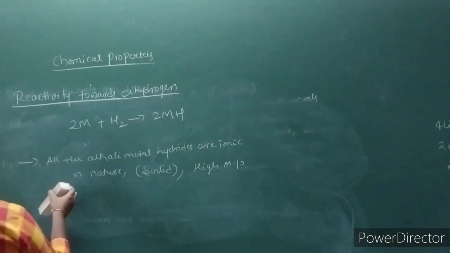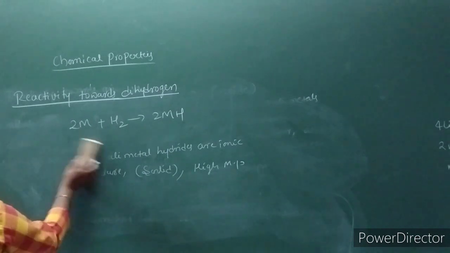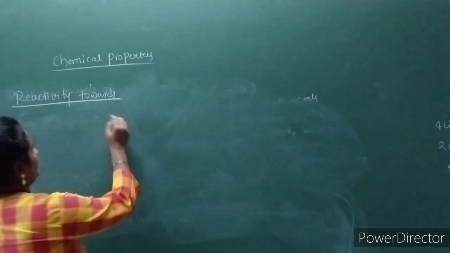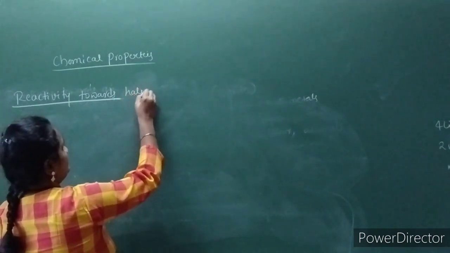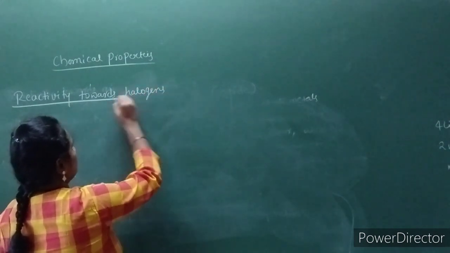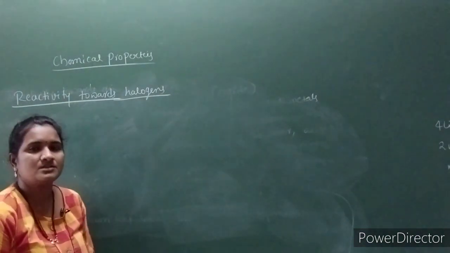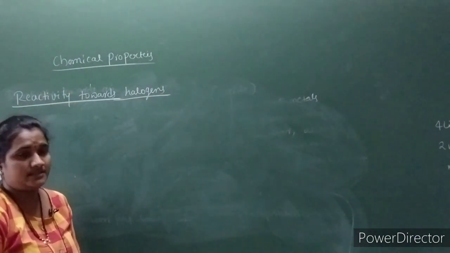Next, the fourth property is reactivity towards the halogens. Similar to hydrogen, these are also reactive towards the halogens and form the corresponding metal halides.